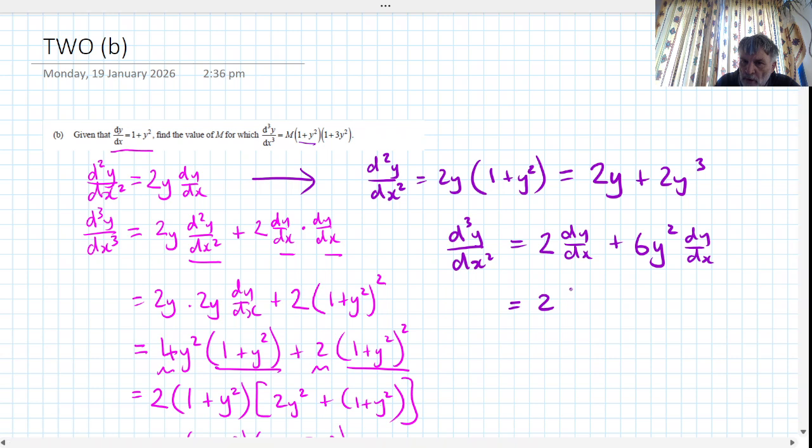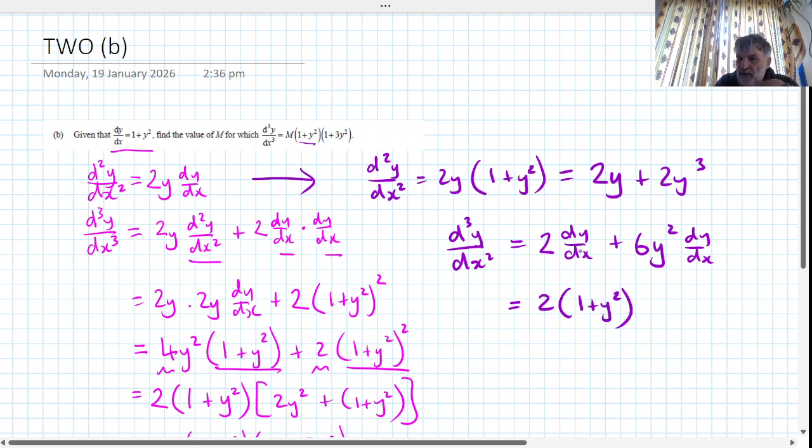So we get 1 plus y squared, and then multiplied by, there's 1 here, and over here we get 2 3's are 6, which is exactly the form we want, and again we get therefore m is equal to 2.